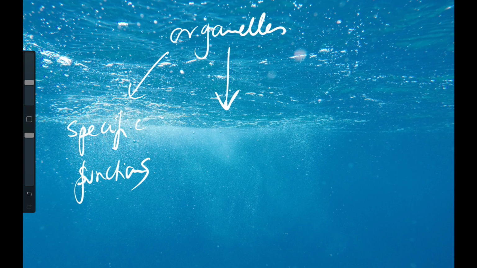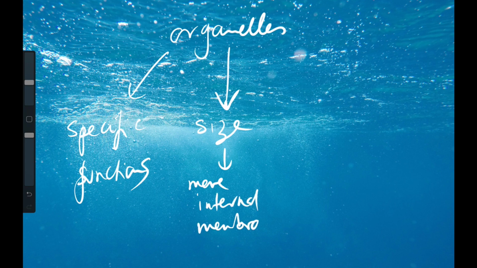The second thing was that as eukaryotic cells are larger, they need more internal membranes in order to do all those different roles. So those functions need to start getting internalized in order to have enough membrane to carry out all those functions.